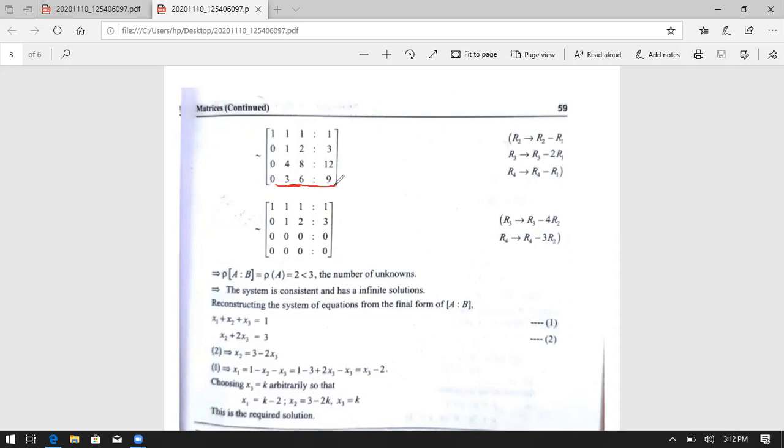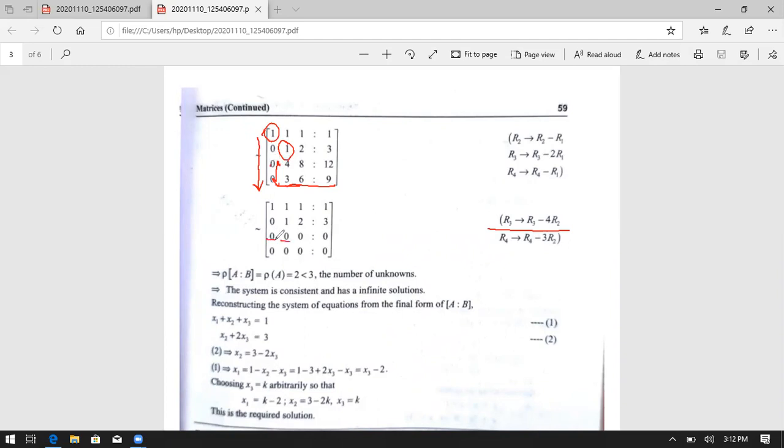Okay. Next, see here, the first one is unity and the leading elements below are 0, 0. Next, the second column, the second element is also unity. Then our next step is that 4 and 3 are there, and we replace them with 0 and 0. That's why the next operation is R3 equal to R3 minus 4R2. R2 is 1 there and R3 is 4 there. So 4 minus 4 is 0.